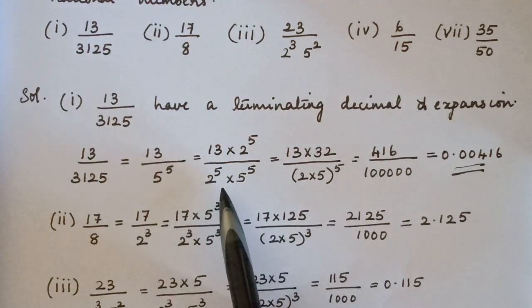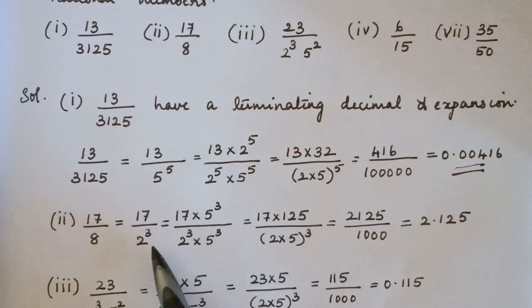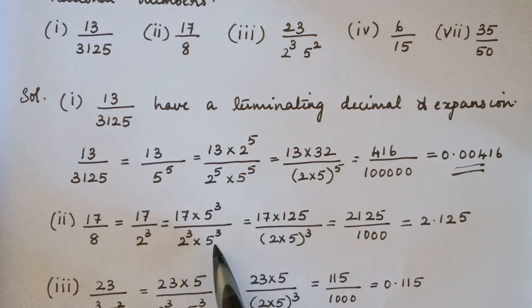The same way we did for the earlier sum, we have to do here. We have to multiply numerator and denominator with 5 cube to make the denominator a multiple of 10. Since it is 2 cube, that's why we multiplied with 5 cube.